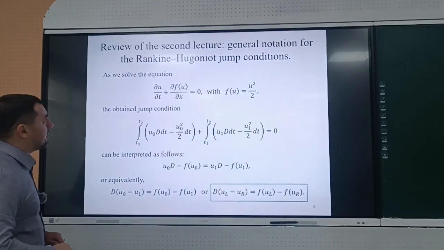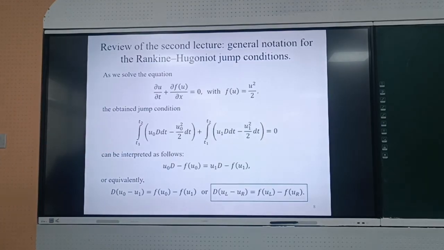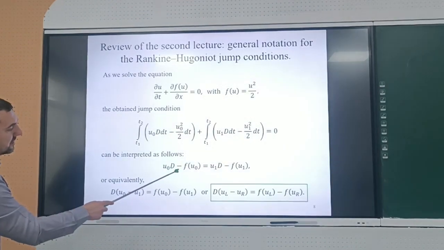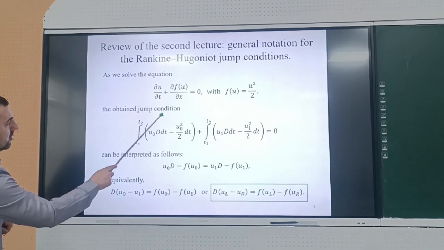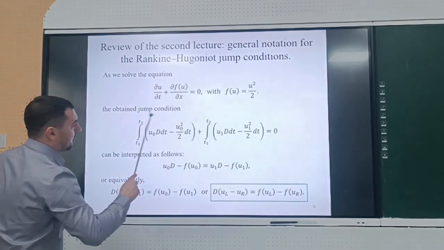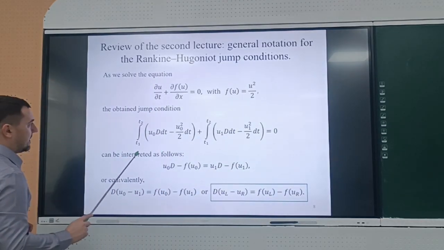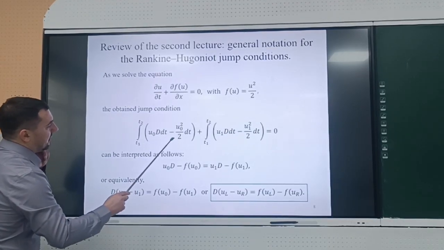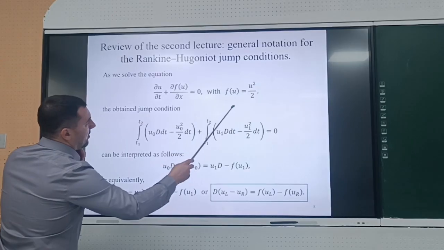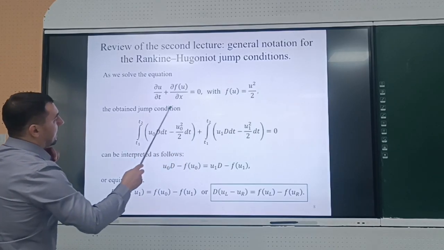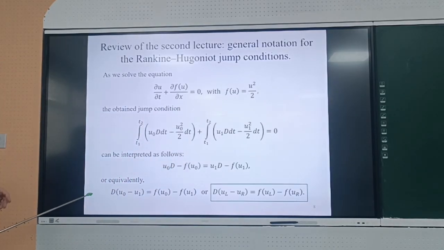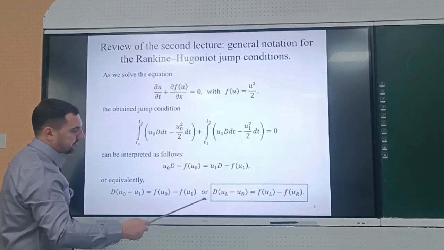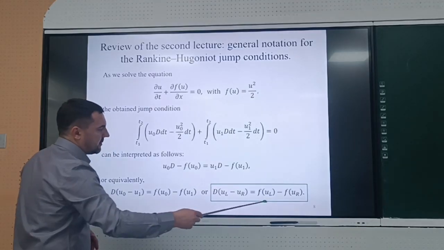And it's possible to use another notation for Rankine-Hugoniot jump conditions. If we use F, our flux, we can obtain this formula from the previous slide. After that, we will remind that u squared over 2 is our flux in the scalar conservation law. Then we should keep it and obtain the Rankine-Hugoniot jump conditions in this form.